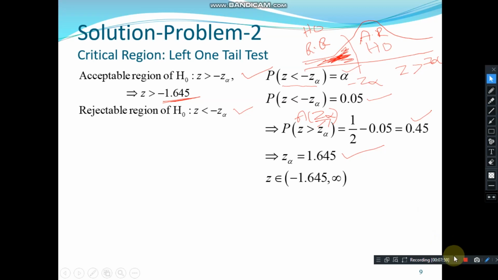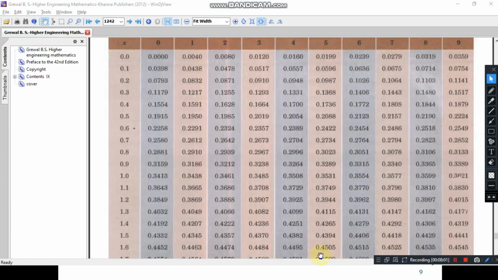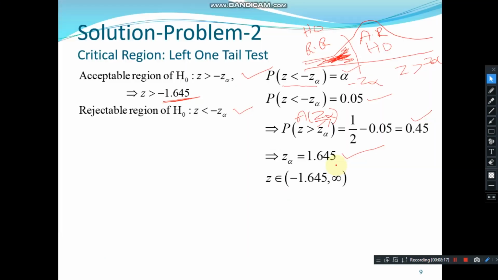Let me show you how to find it. Observe here, this is 0.4505 and this is 0.4495. For 1.6 opposite, these two are under 4 and under 5, so taking the average of 4 and 5, you will get 1.645. That's why it is 1.645.